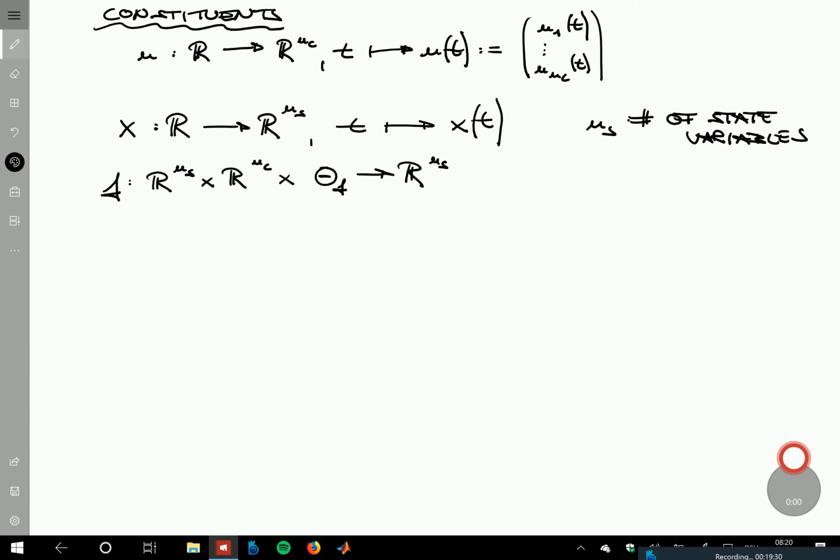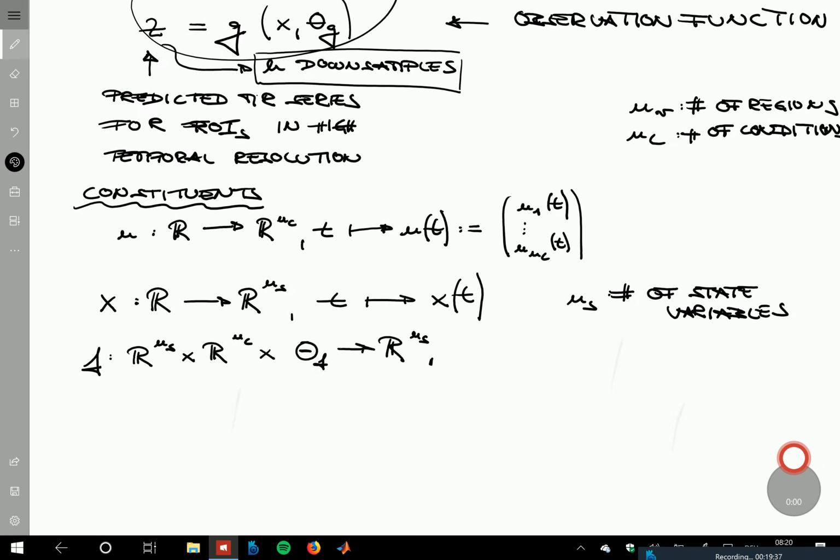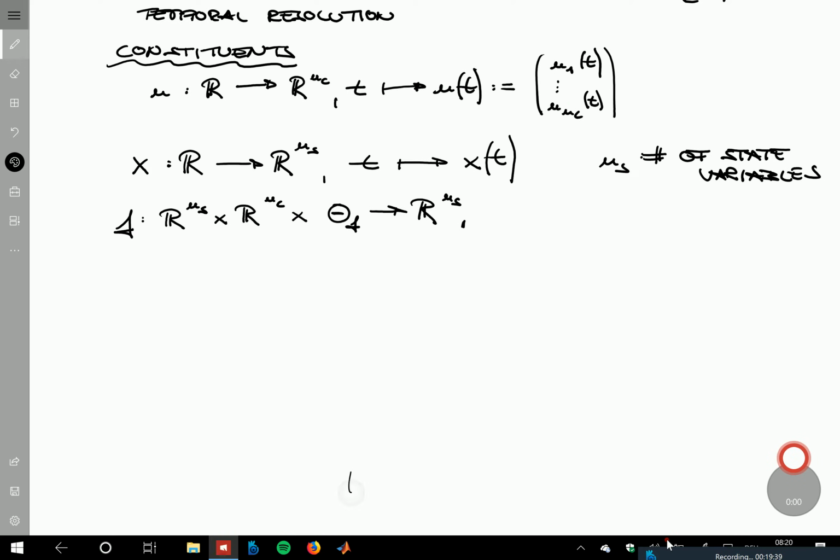It's immediately clear, once I specified what x is, then it's also clear what f is, because you know all the other things. So it's not really some new information, just some basic writing down of things. So this function f takes this ns dimensional vector, the nc dimensional vector u, the parameter values theta f, and what it returns is the rate of change of x.